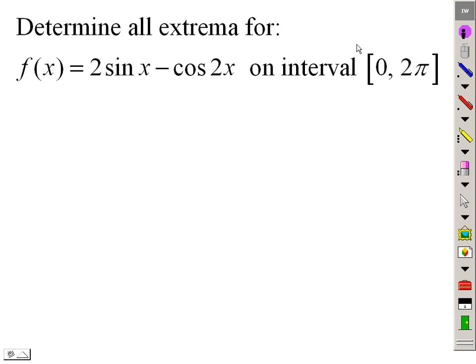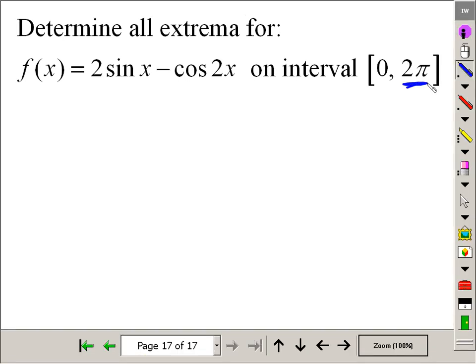This will be a much easier problem. We can tell we're in radian mode because it's 2 pi there. So make sure your calculator is in radian mode. And again, the problem is 2 sine x minus cosine 2x. Find the derivative. And then I'll show you guys some tricks on how to graph it.